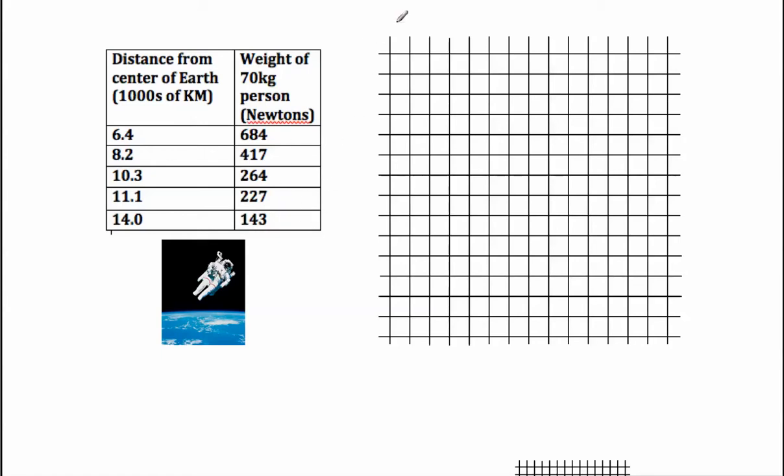So, very first thing we want to do for a graph is give it a good title. Some kind of a title that is very descriptive of the experiment we've done. So, something like, for this, how weight varies with distance from Earth.